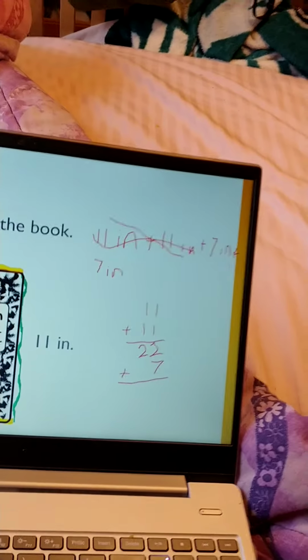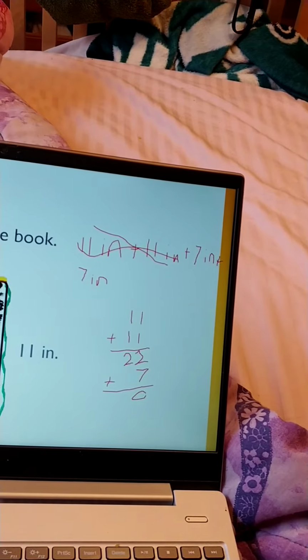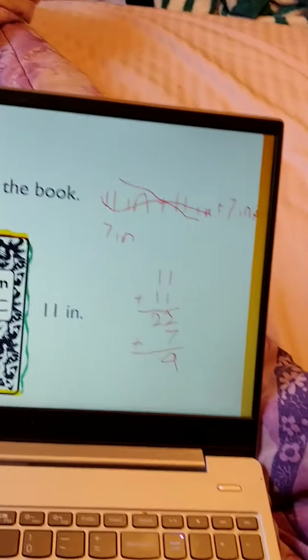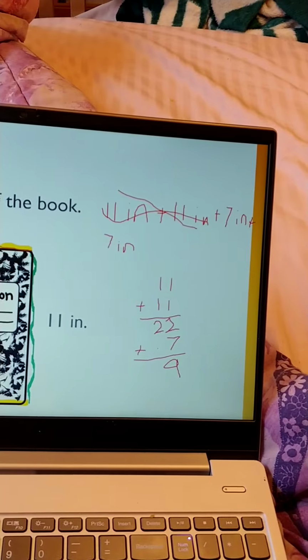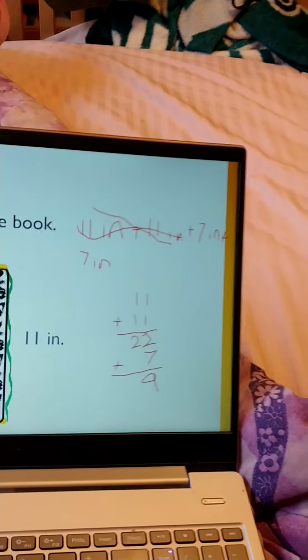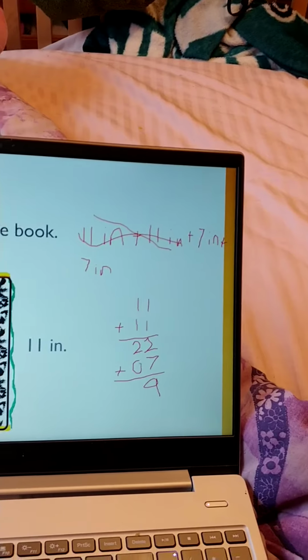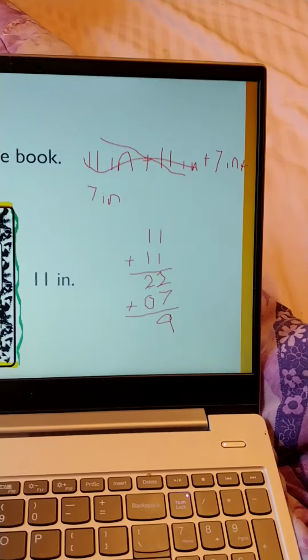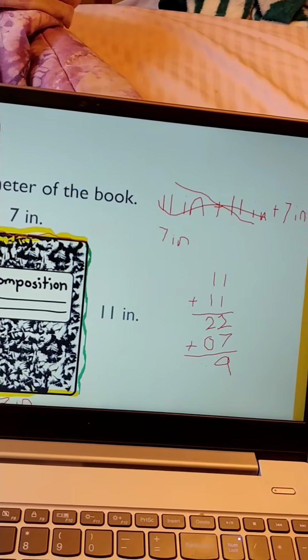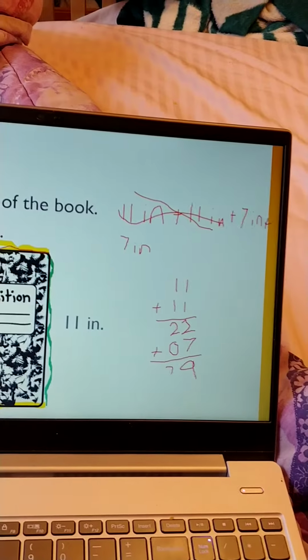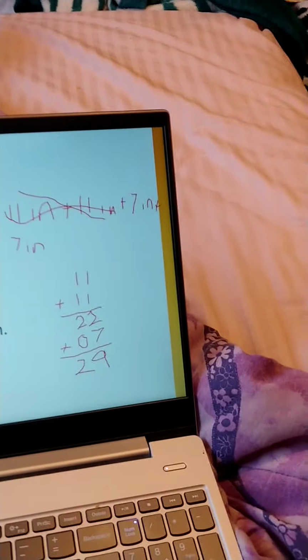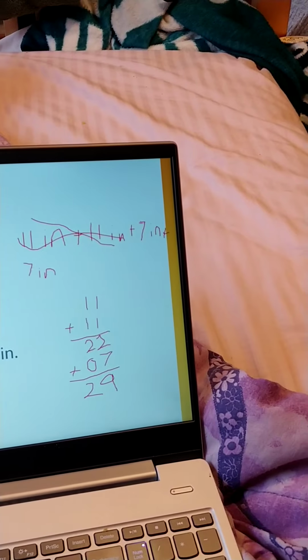Since we got 22 from 11 plus 11, we're going to add 1 7 to that 22. So 7 plus 2 is 9. And then we have 2 and we have nothing there, but we can always assume when there's nothing there, it's a 0. So 2 plus 0 is going to give us 2. So far we have 29. We just added 1 7, so we can cross that off.